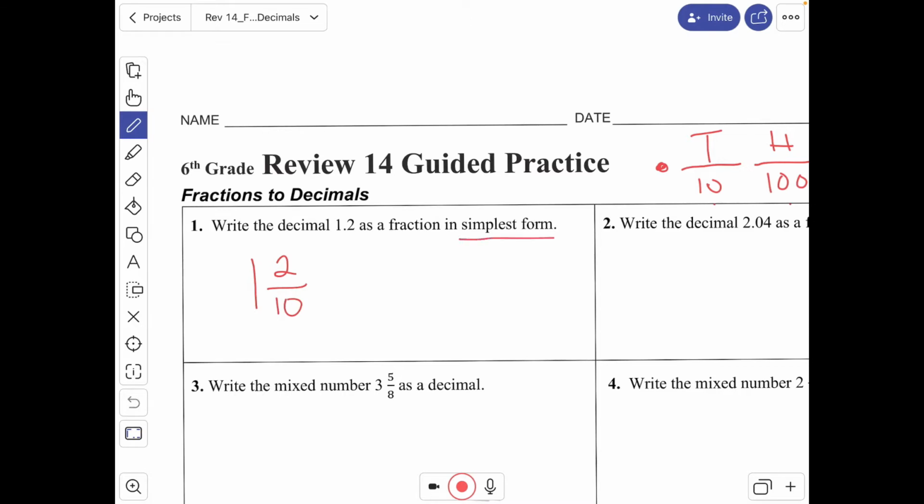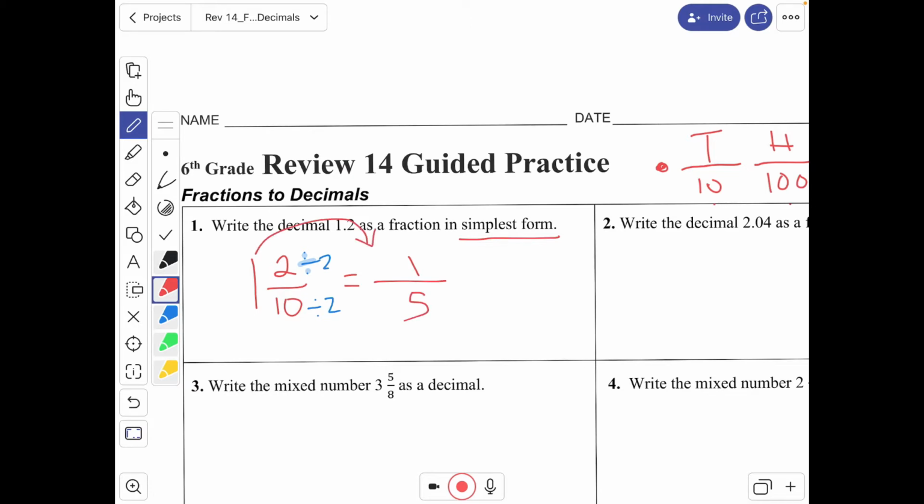But it says it has to be in simplest form, so you'll need to simplify that. We can divide both of those numbers by 2. 2 divided by 2 makes 1, and 10 divided by 2 makes 5.